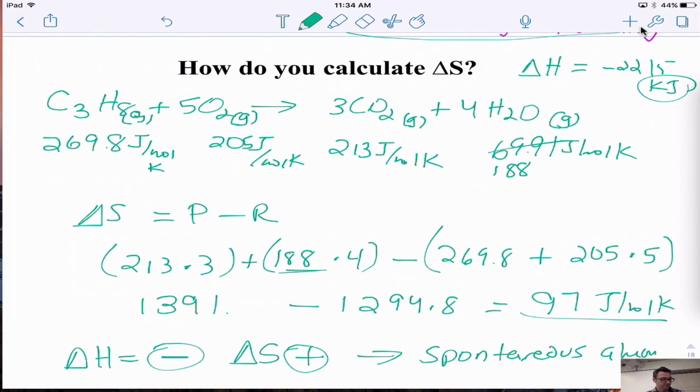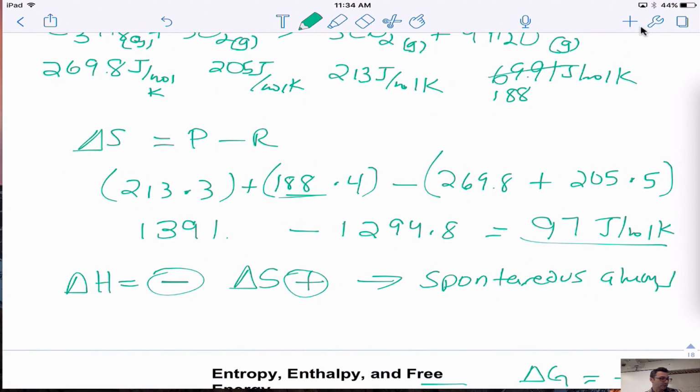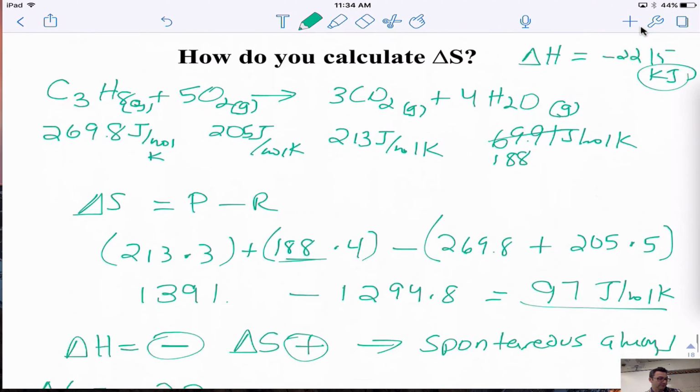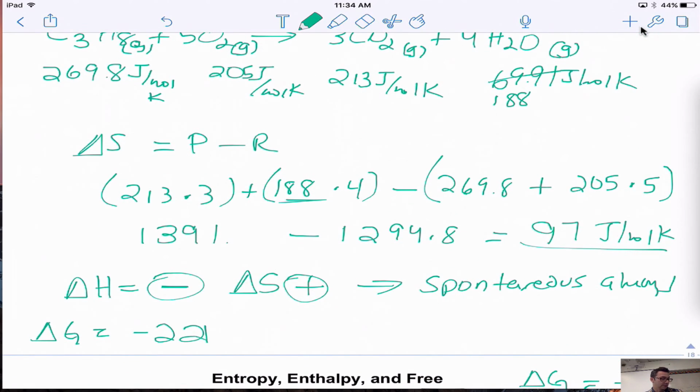If we want to calculate the delta G, we can plug in the values. Delta G equals delta H, which is negative 2,215 kilojoules, minus temperature, we'll give it a 298 temperature in Kelvin, times the entropy.